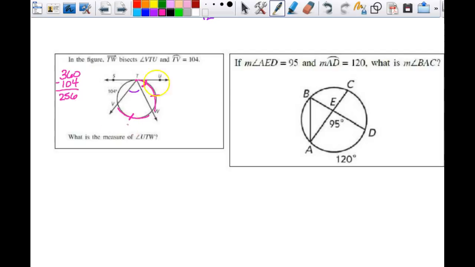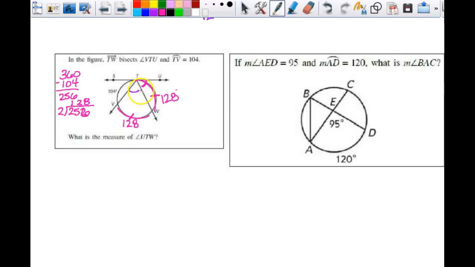That's all of the rest of this. And then I'm just going to take that 256 and divide it by 2 to get each arc. So half of 256 would be 128. Right? So this is 128, and this is 128.